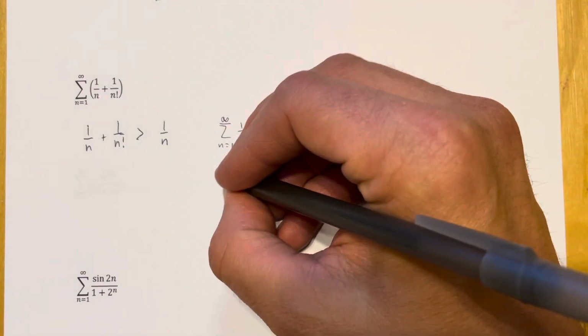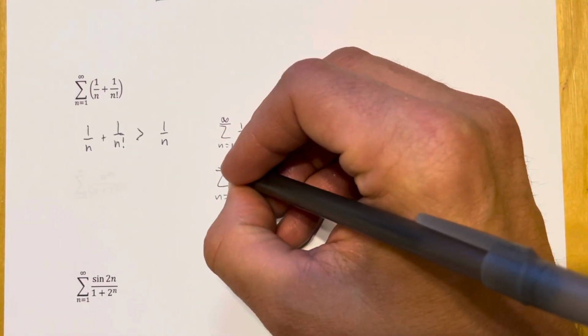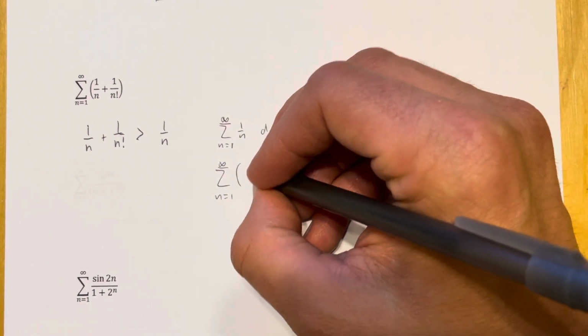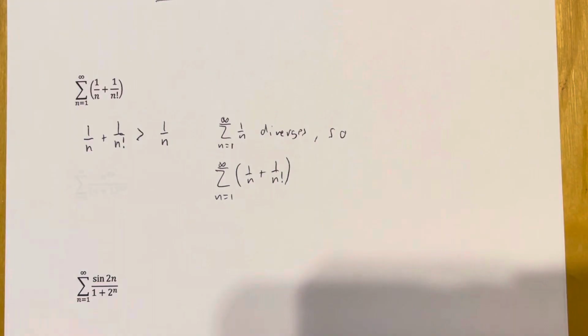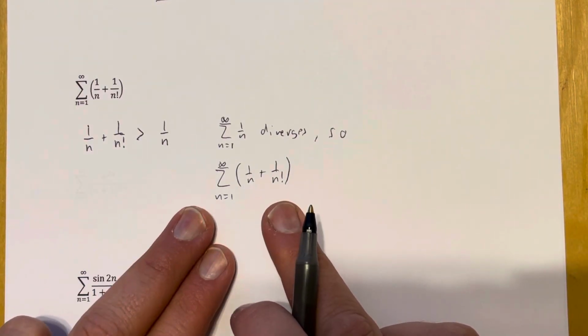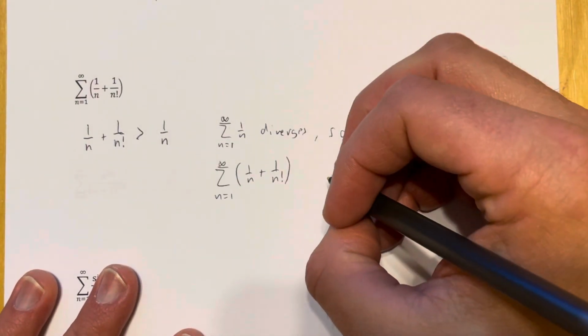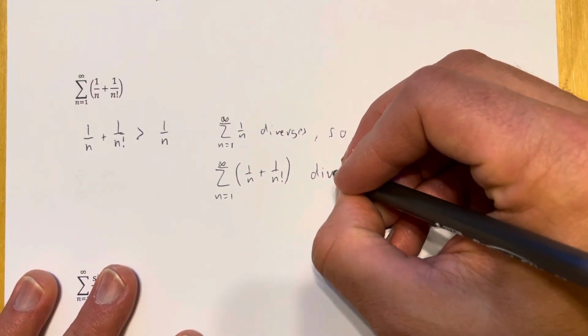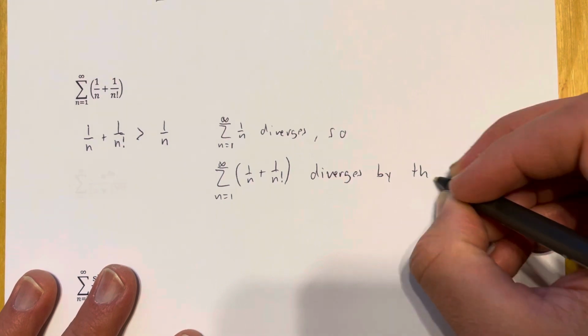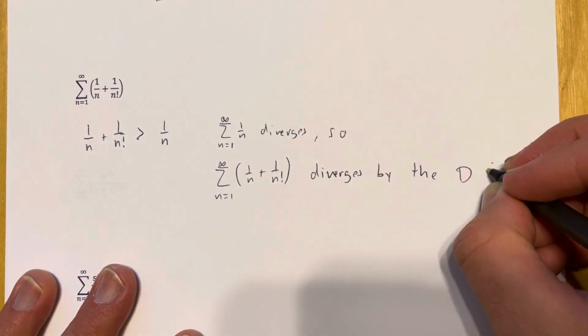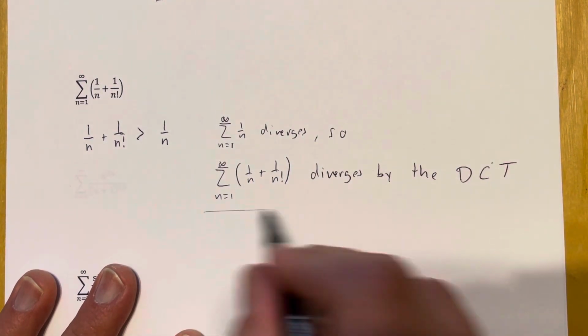So this series, n equals 1 to infinity of 1 over n plus 1 over n factorial, this will also diverge, and it's because of the direct comparison test. Diverges by the direct comparison test.